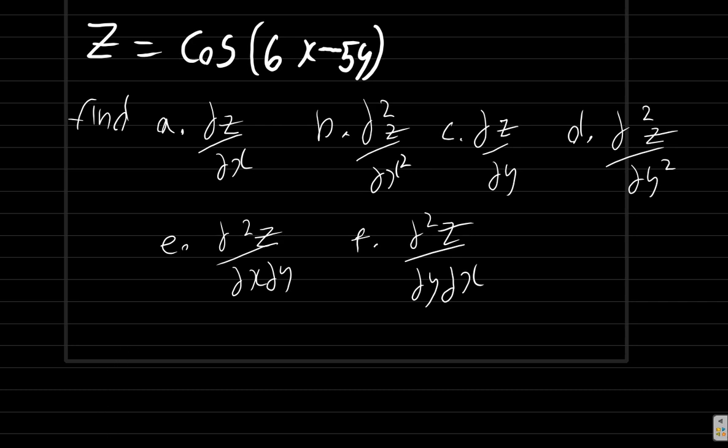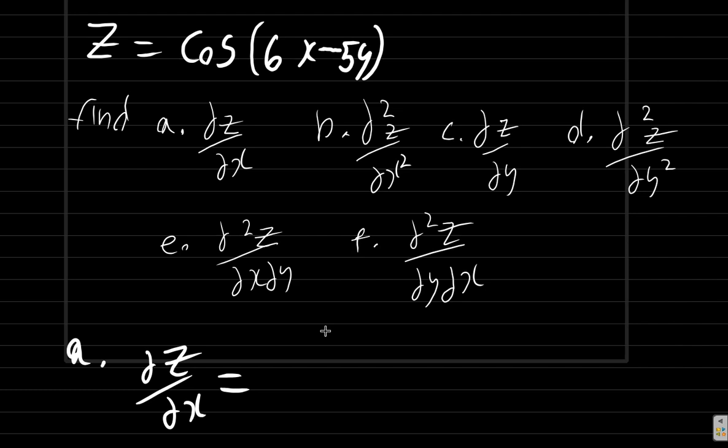We have here A. Let's look at A. Delta z by delta x is equal to. Now, here, you can use substitution as we did before in the previous video, right?